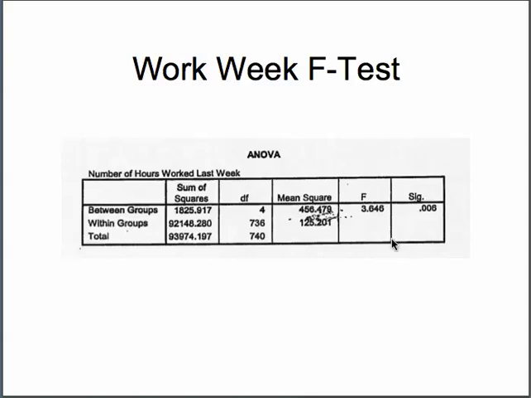The f-test value is simply the division of the between groups mean square by the within groups mean square. Try it yourself. 456.479 divided by 125.201 equals 3.646.